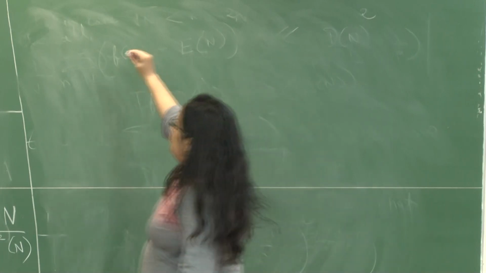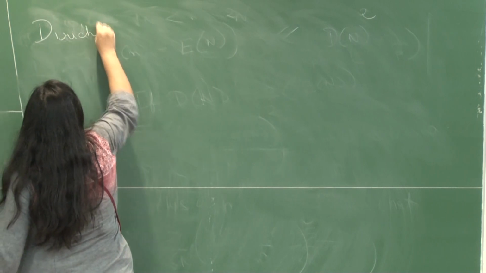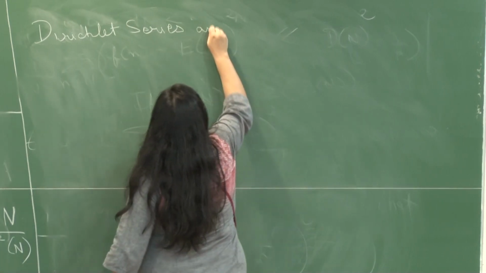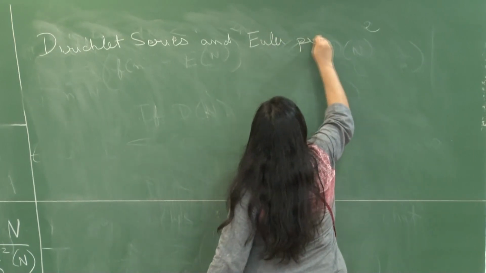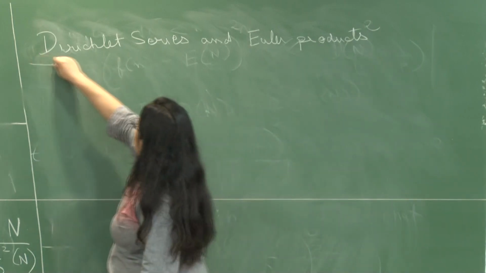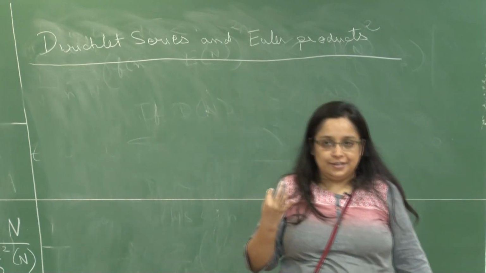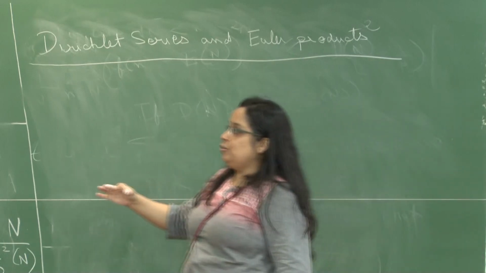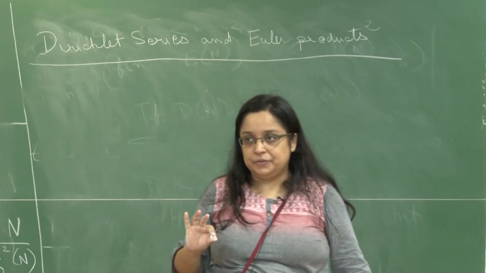But before that, we just want to introduce this approach of Dirichlet series and Euler product. So the approach of probabilistic number theory is to study value distribution of arithmetic functions by interpreting them somewhat as random variables.